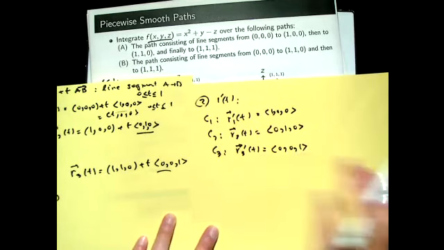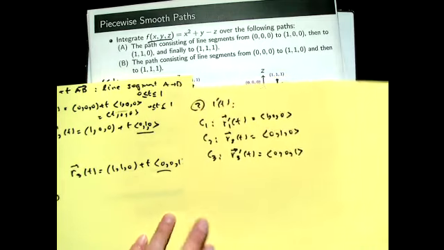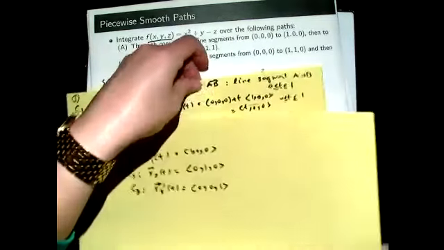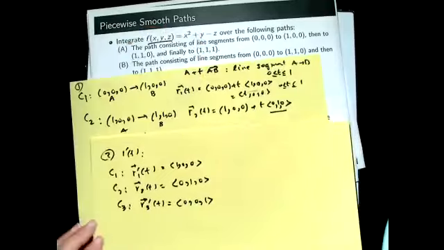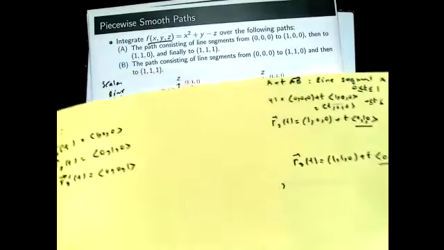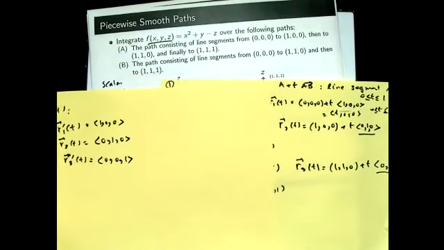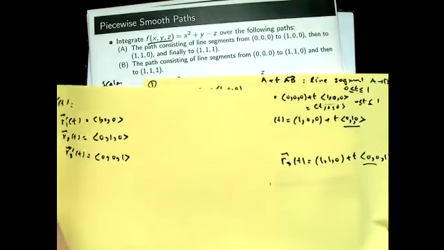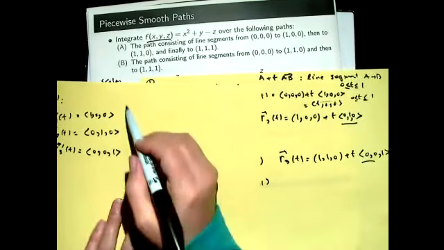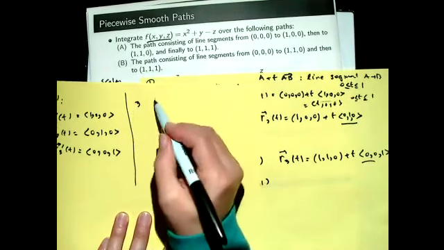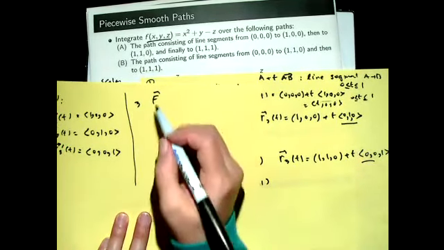Now I have to parameterize F for each one of those.